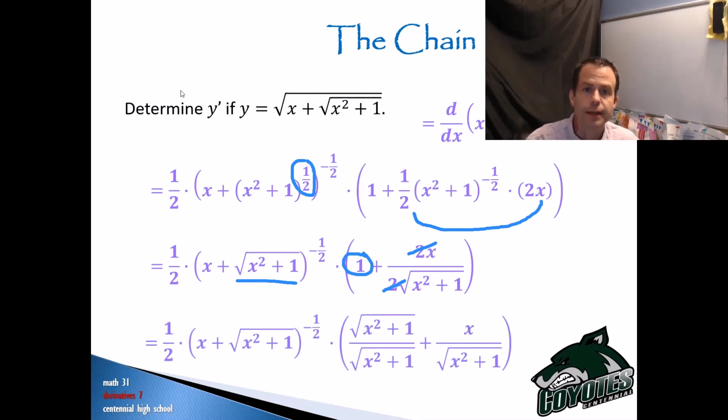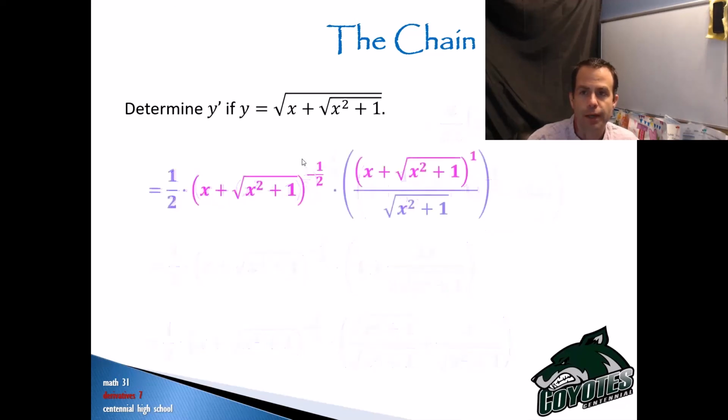So this ends up being x plus the root of x squared plus 1 all over the root of x squared plus 1. Okay, which I'm going to show you in 1 second. I'm just going to have to switch slides to show you. Okay, so that's where my x plus root of x squared plus 1 came from.